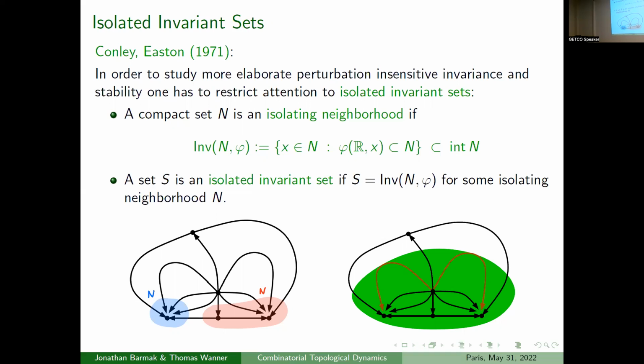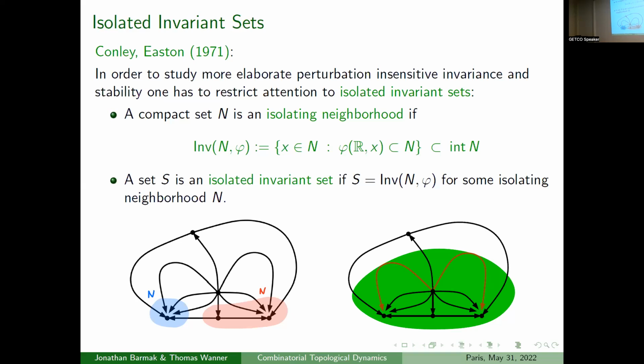This blue set N here, the largest invariant set is the equilibrium that's clearly staying away from the boundary. This red set here, the largest invariant subset consists of the two equilibrium solutions and the connecting orbit between them. Also, this doesn't touch the boundary. On the other hand, here, that green set, the largest invariant set contains these two connecting orbits. They touch the boundary, so this is not going to be an isolating neighborhood.